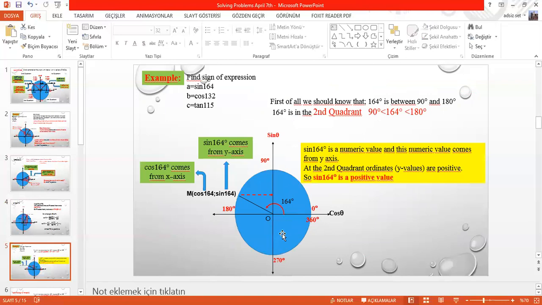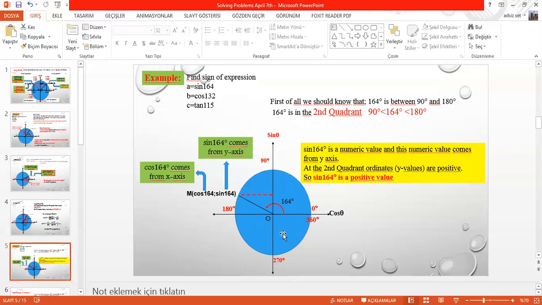Now the new example. Let's find sine 164, cosine 132, and tangent 115. Are they negative or positive? First one is A, sine 164. As you know, 164 is greater than 90 degrees and less than 180, so 164 degrees is in the second quadrant.